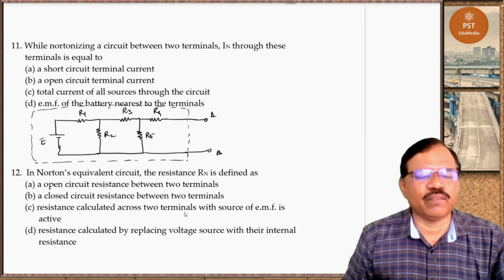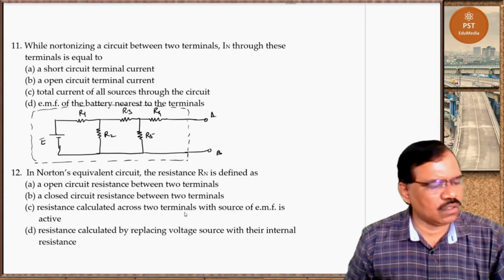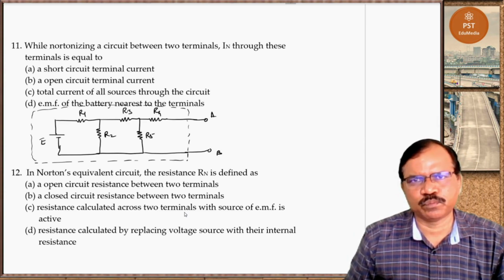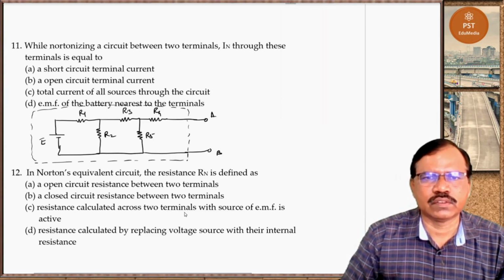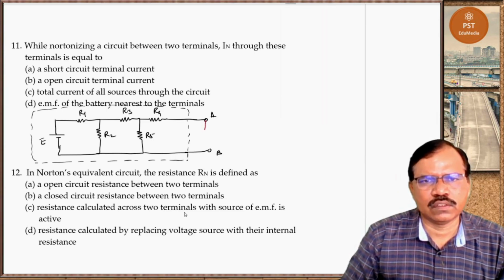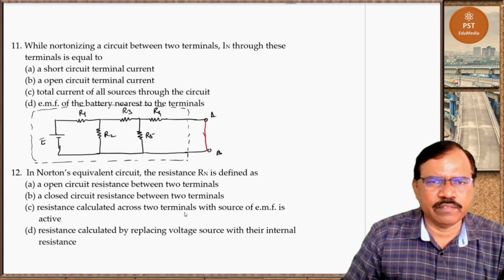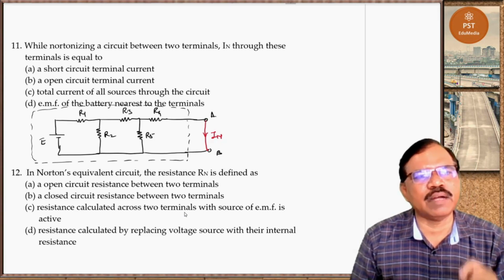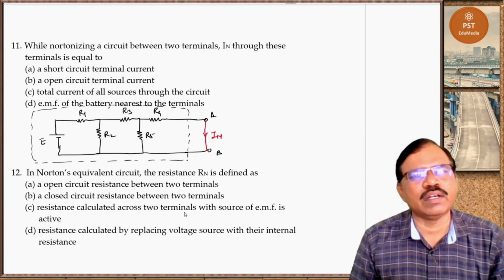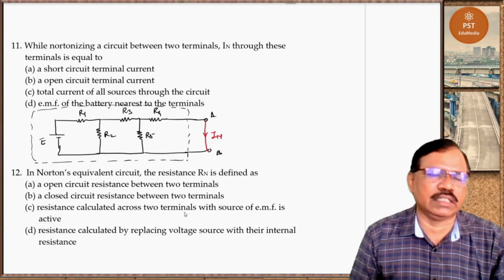When we want to find Norton's current, meaning the equivalent Norton's current source, we have to short these two terminals, and whatever current flows through this short is the maximum current given by the network across terminals AB when they are shorted, and that is called Norton current.